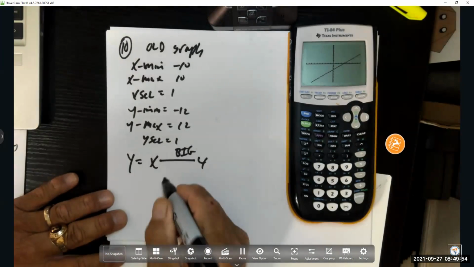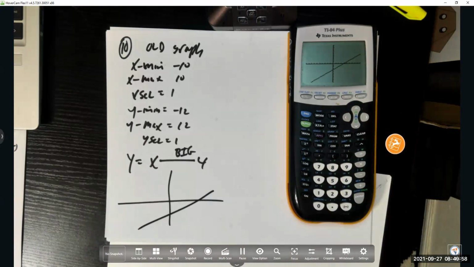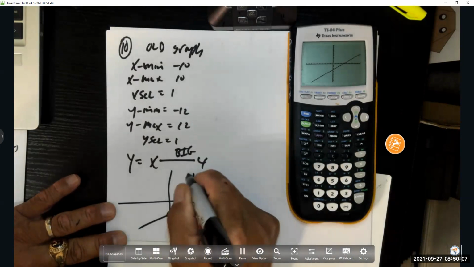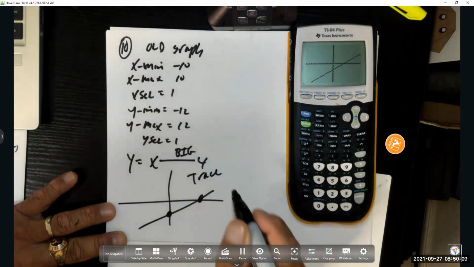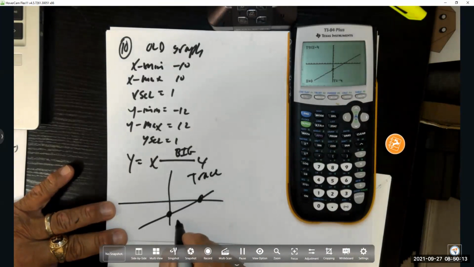Did everybody get a picture that looks like this? Yes or no? Yes, I did. Got it? Okay, now, if I do a trace on this thing right here, TRACE, it's going to say that this number down here is 0, negative 4.